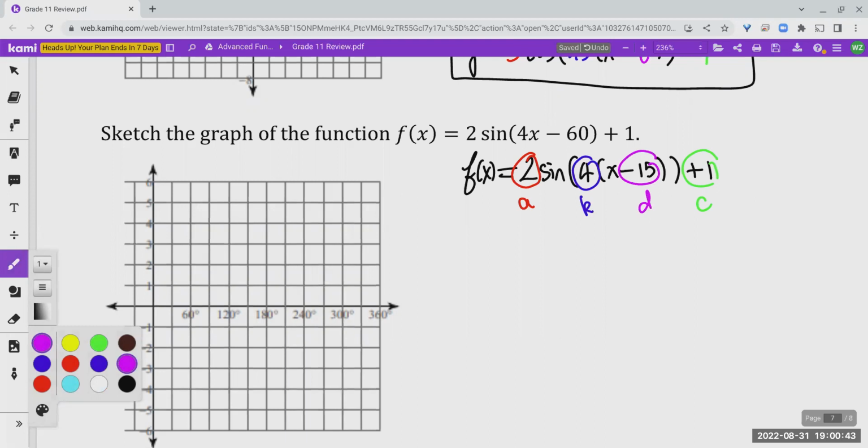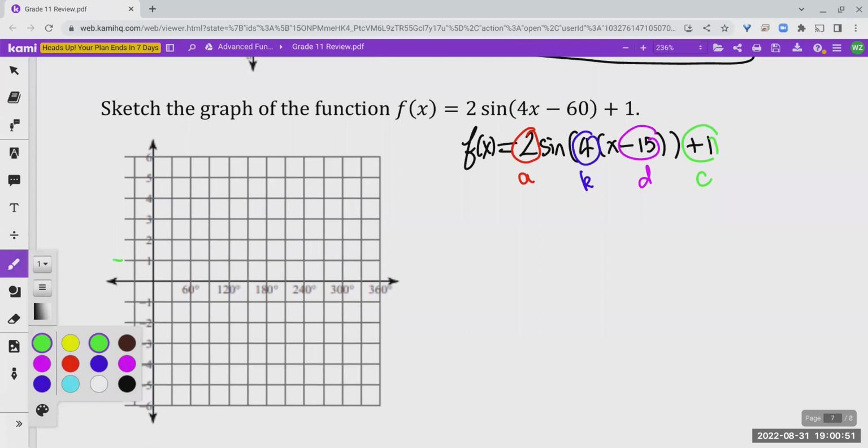And I have a sine graph. From this, I know that the horizontal axis is y = 1. C is 1. I know that by looking at the question. What is the maximum? I know the amplitude is 2.